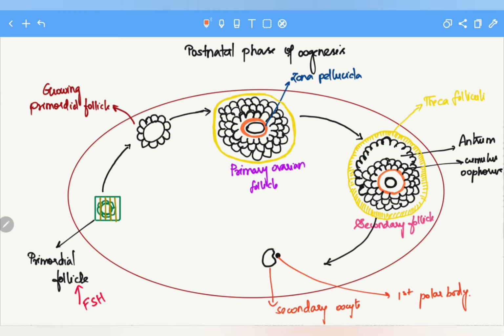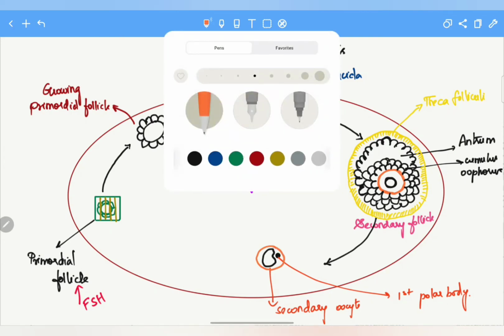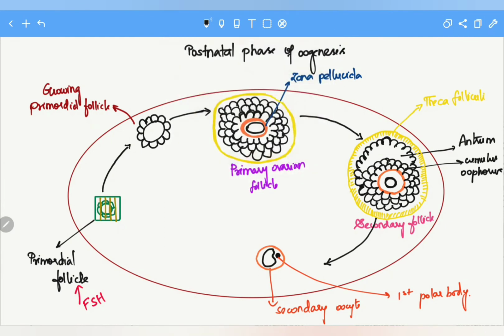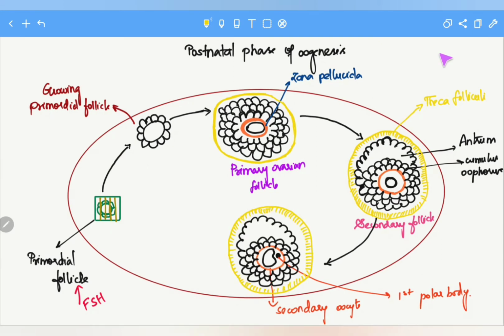You know that it is surrounded by the zona pellucida and cumulus oophorus cells.